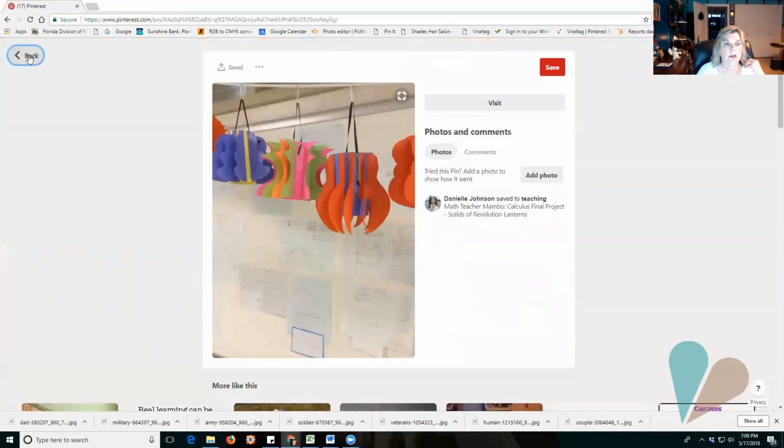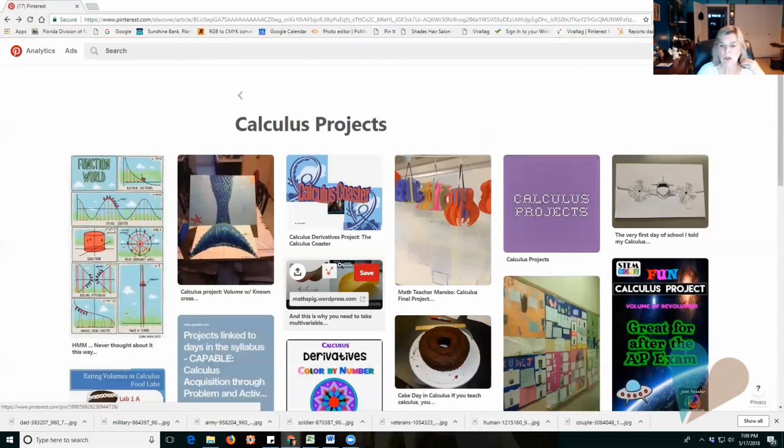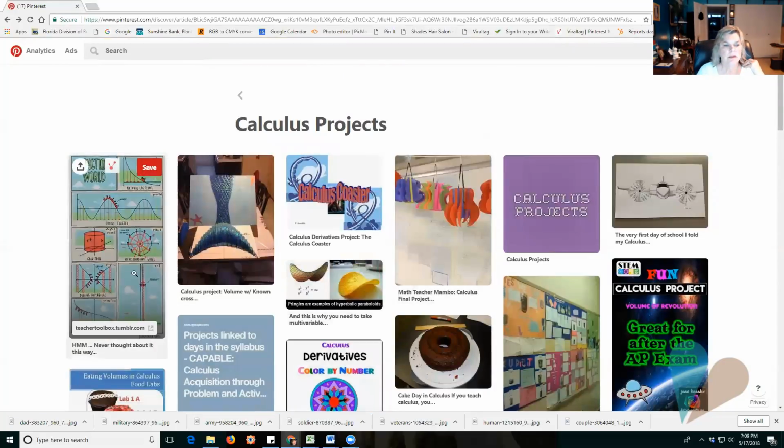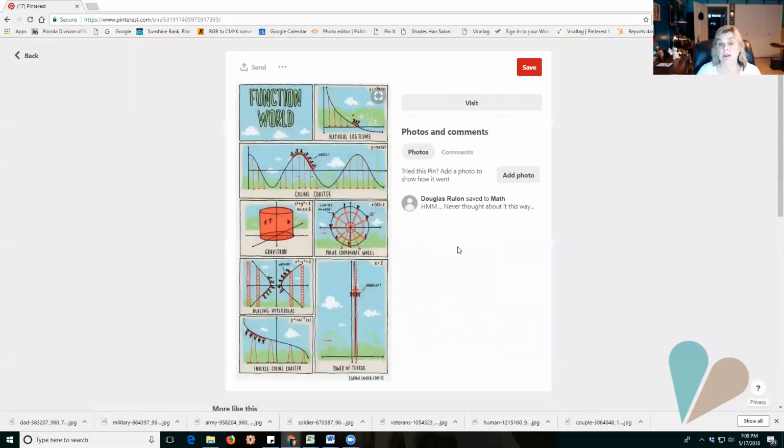Let's take a look at another one. This one I think is really rather neat. You see here, function world, and notice the natural log flume, then you've got the cosine coaster, and you have your polar coordinate wheel. So you see, they're using some real world examples.